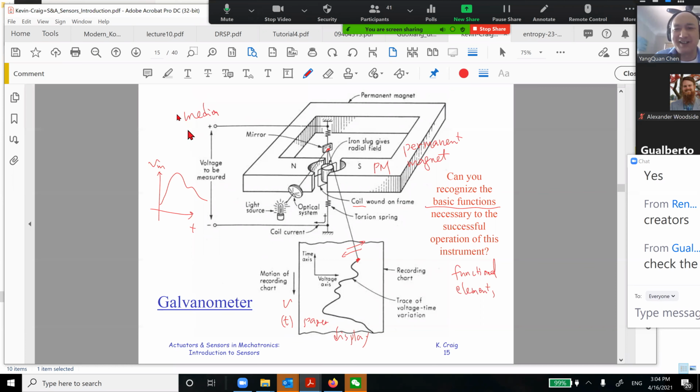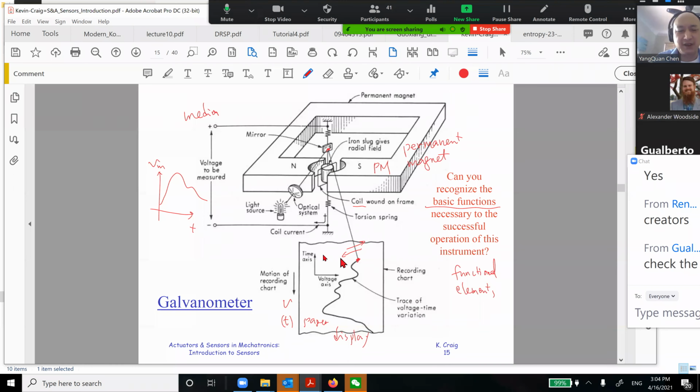The voltage to be measured is applied to this coil as the excitation from the voltage supply. If you have different voltage, then the coil will turn. When the coil is turning, there's a light source that hits this mirror, and this mirror will reflect this light beam in here.